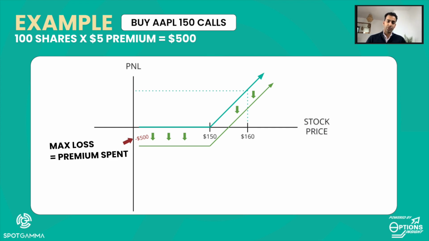If, however, the stock ends up above 150, that's when we're going to start to make money on the way up. And there is a point at which we are going to cross over the zero line, at which point the money that we make from the payoff of the call option is equal to the premium that we spent for the call option. This point is called the break-even point.